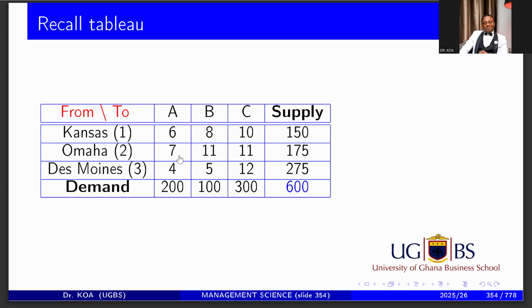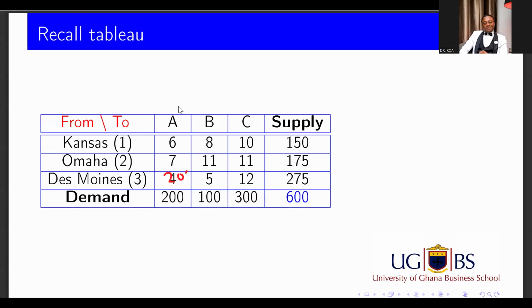Okay, so now that you identify the 4, you will allocate there. You're going to take this 275 because remember they supply. So you take this 275 and pour it here. But how much can you pour? 200. Good. So you can only pour 200. Besides, you've also satisfied demand.